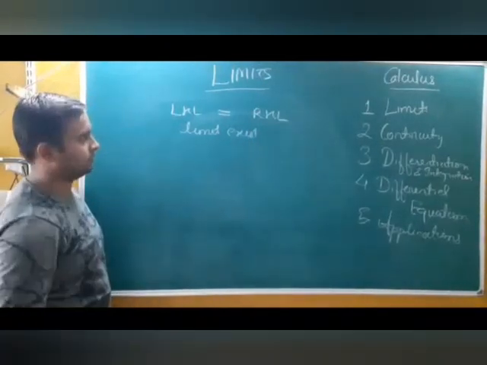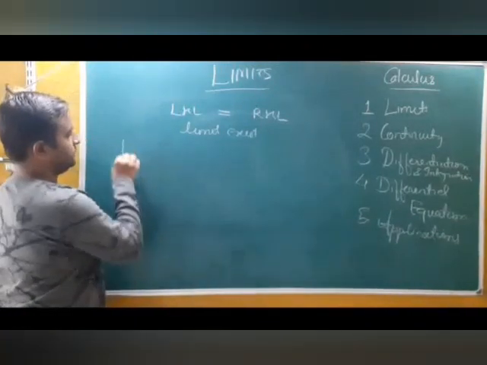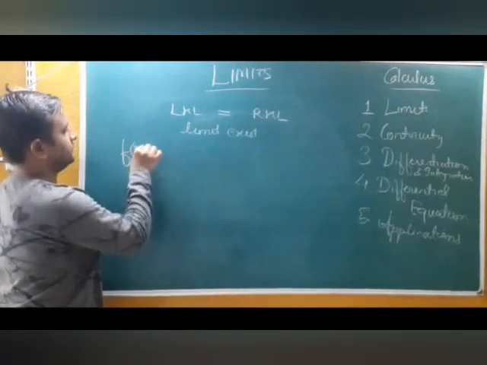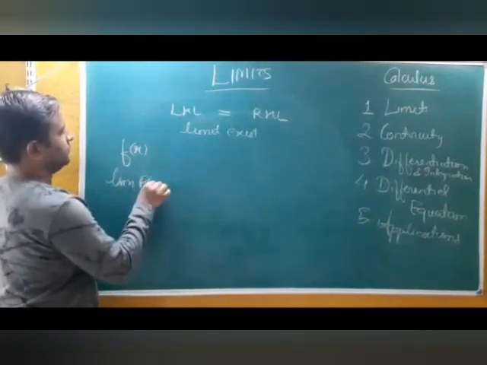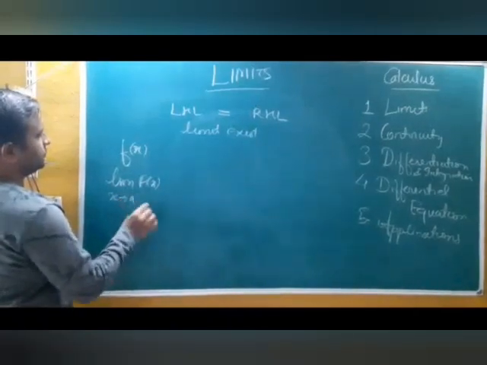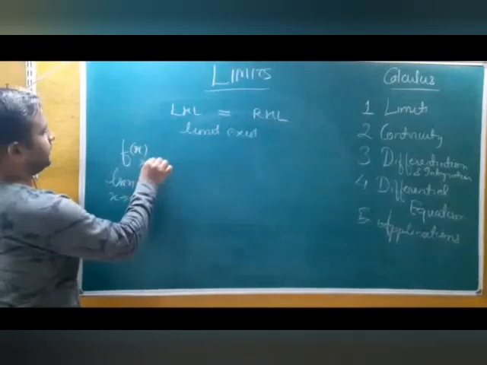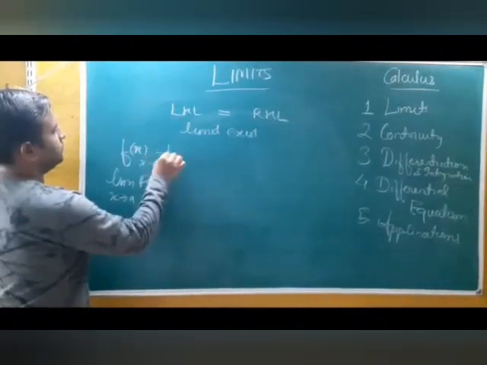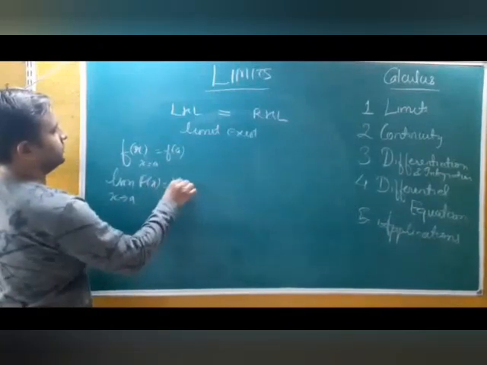Listen very carefully. Now there are two things. There is a function f of x, and there is the limit of this function f of x at a particular point x equals a, and the value of the function at the particular point x equal to a. What is this value? F of a. And what is this limiting value? Also f of a.